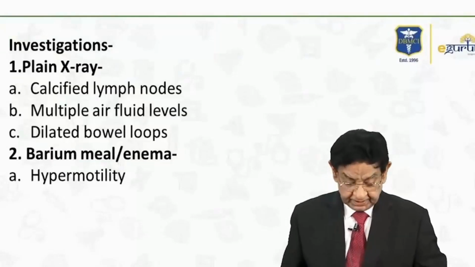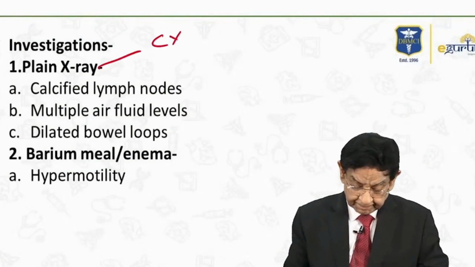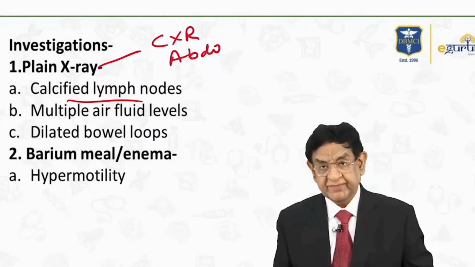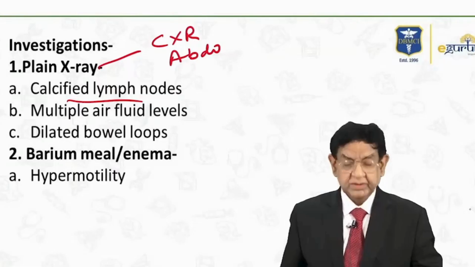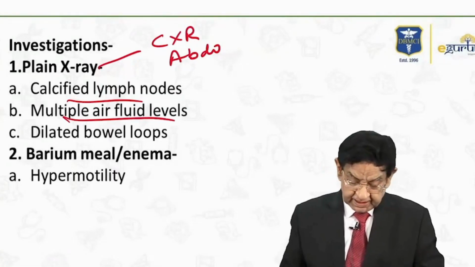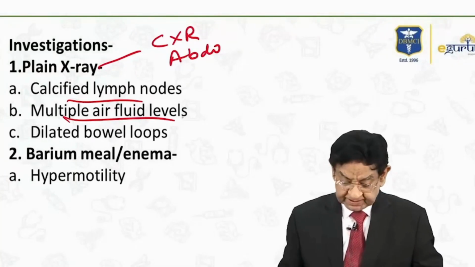Investigation: X-ray, chest also, abdomen also. You may get calcified lymph node, but not going to add to our diagnosis. Multiple air fluid levels may occur when there is some obstruction.